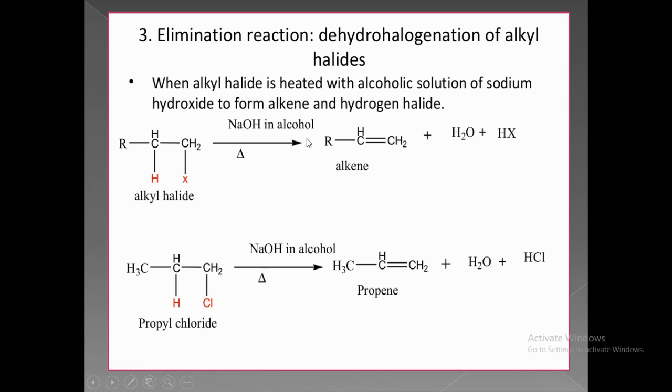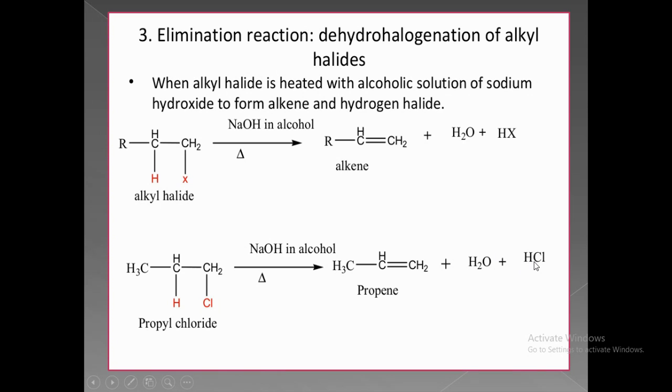We have to provide some amount of heat to carry out this type of reaction. A small amount of heat facilitates easy removal of this hydrogen and halogen over the adjacent carbon atoms. Now you can see why this is called an elimination reaction. Elimination reactions are those in which the product is formed with the elimination of a smaller molecule.